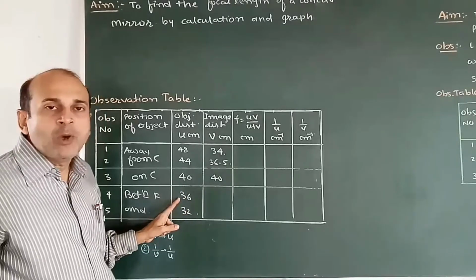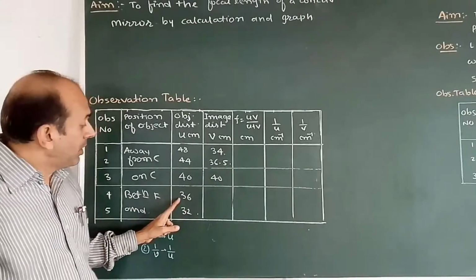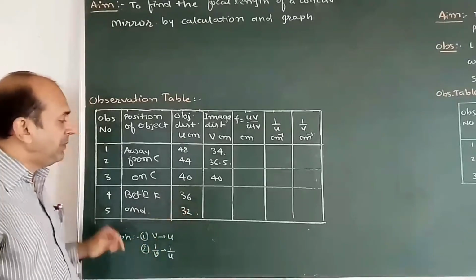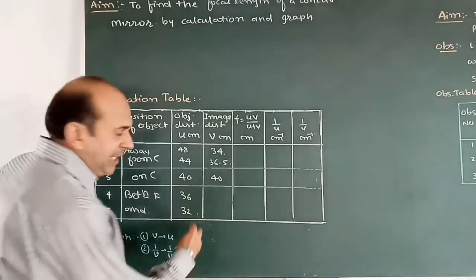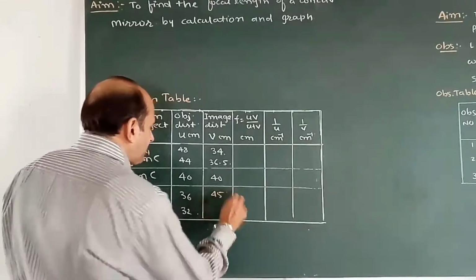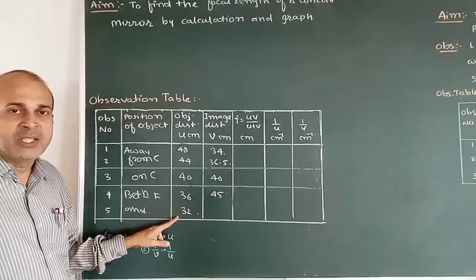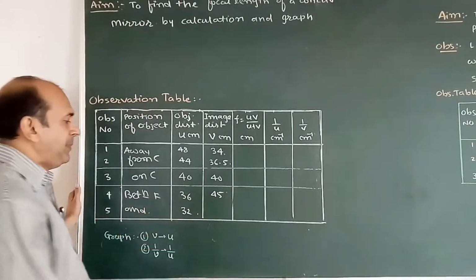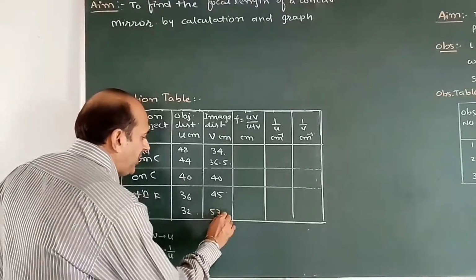Now when you place the object at 36 centimeter, the image distance was 45 centimeter. And when the object distance was 32 centimeter, the image distance was 53 centimeter.